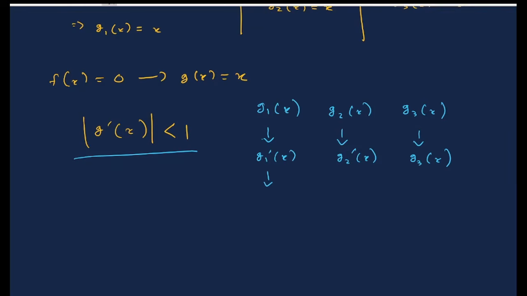So we have to check whether the modulus of this value is less than 1 or not. We have to do the same for the second g of x, and then run the same thing for the third g of x that we have in our hand and check whether the value is less than 1 or not.